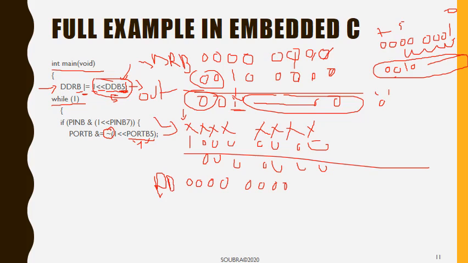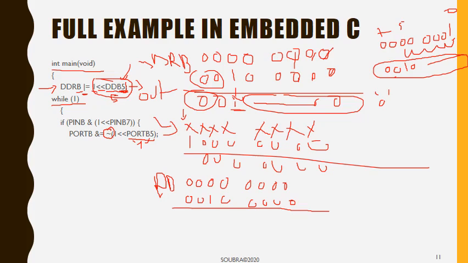Voilà. So here I'm having the 1, and here I'm having 0, 0, 0, 0, 0, 0, 0. And this is what I did here. I shifted them and I negate it. So this is the NOT.